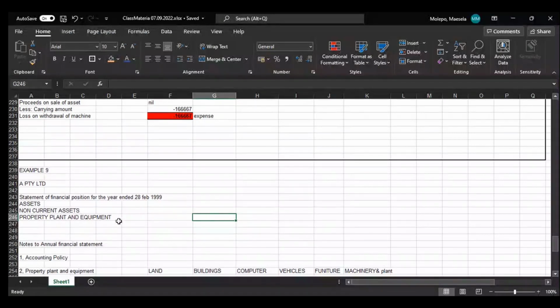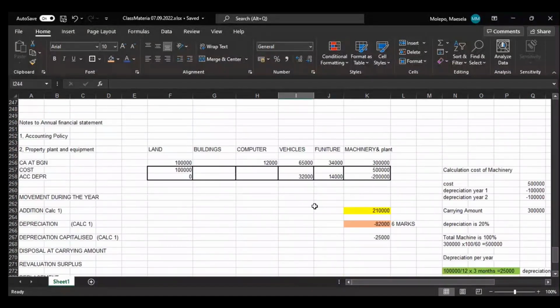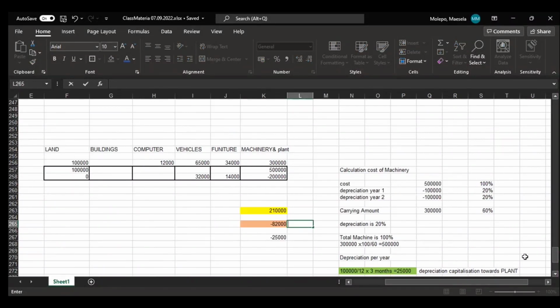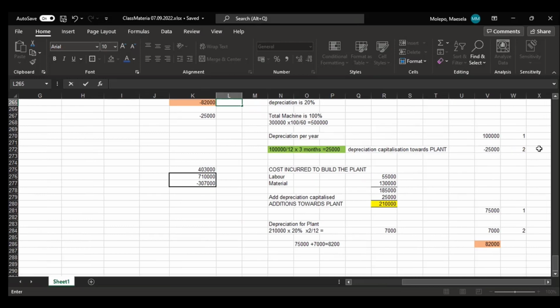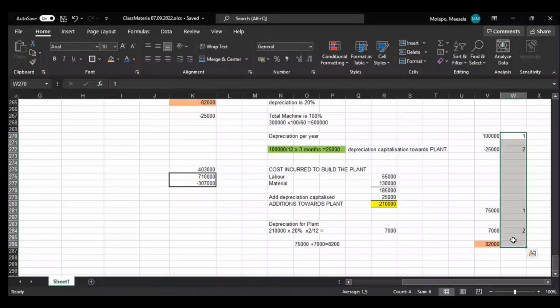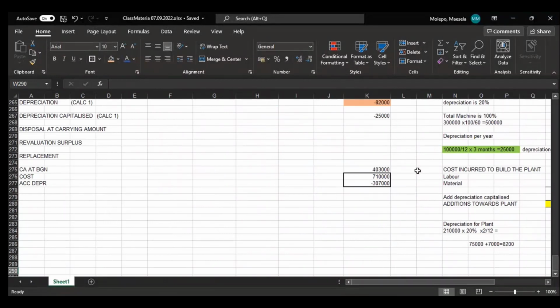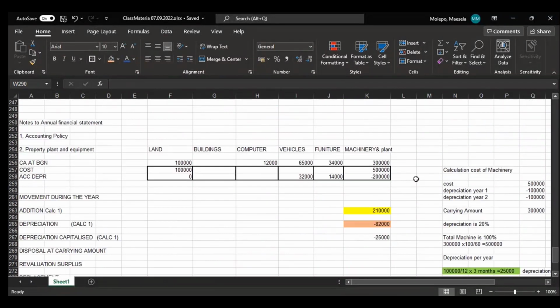But if you just put the amount and you don't tell us where you got that amount, and that amount happens to be wrong, then you lose the whole marks, all of it. Are we clear? Then we can proceed to other things.